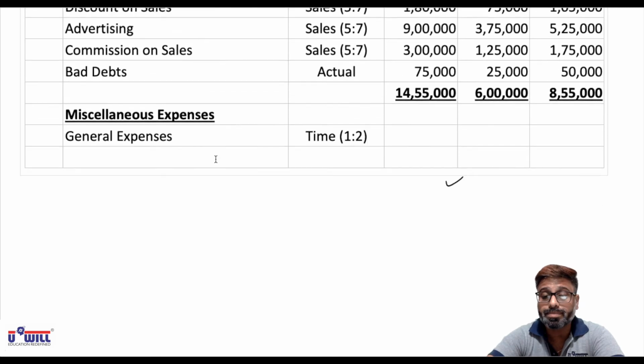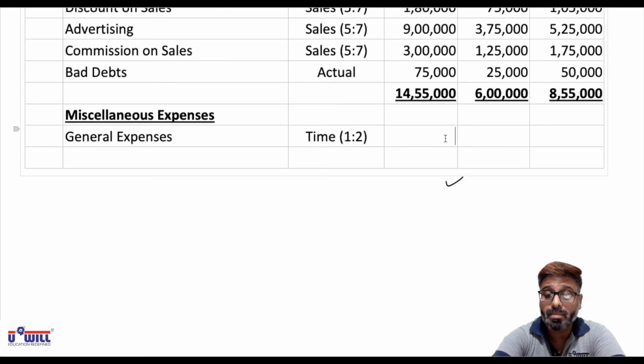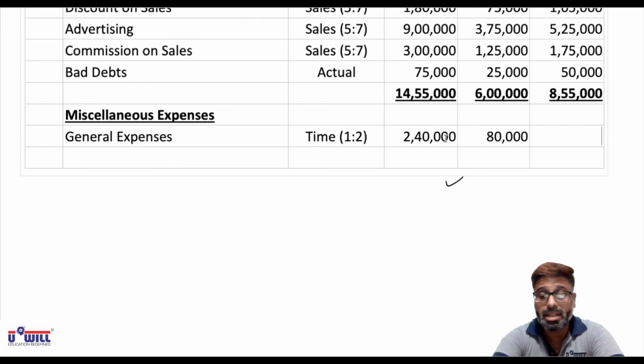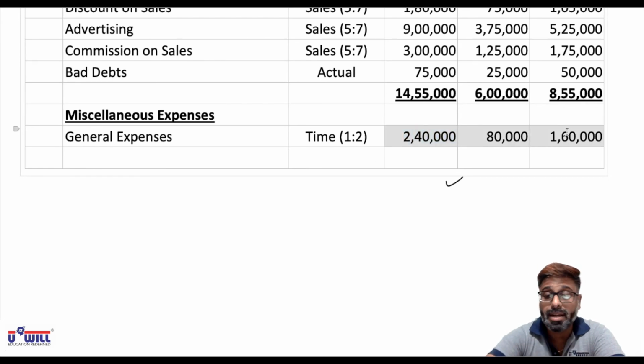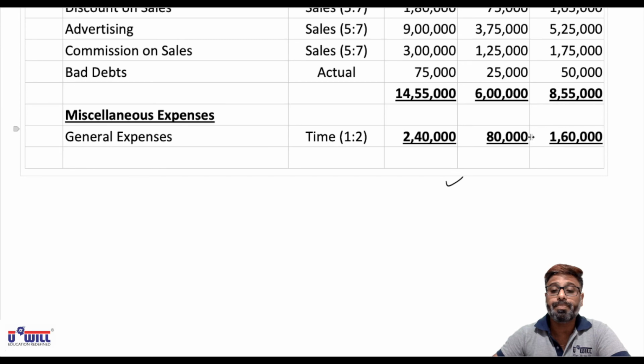So 2,40,000 into 1 by 3 is 80,000, and 2,40,000 into 2 by 3 is 1,60,000. Now, the final total: this itself is the total because there is only one item.